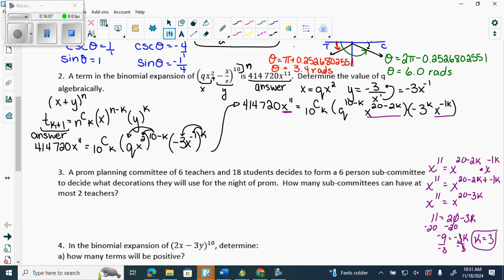So all I do is go back to that really awesome looking formula up there, and fill in 3 for k, right?